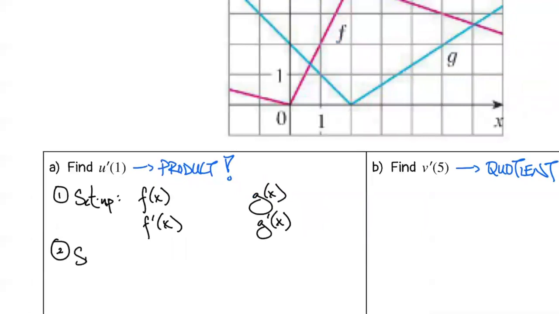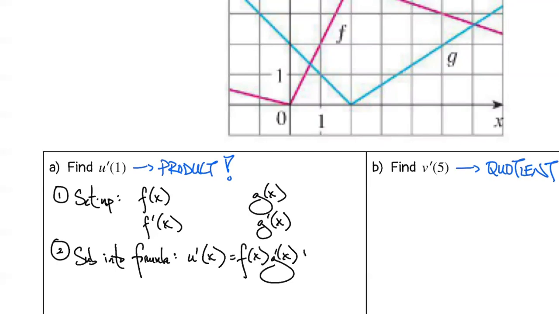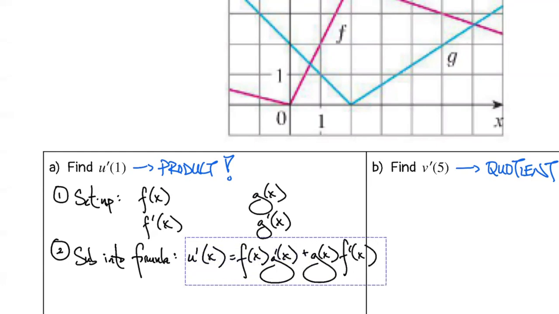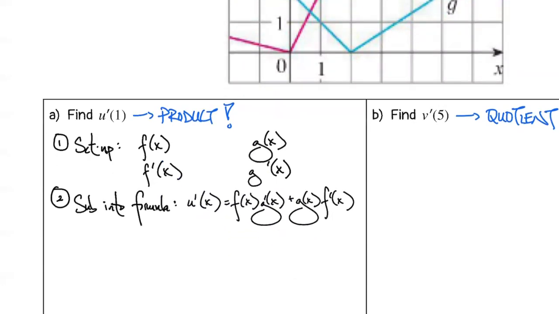So if we sub into the formula, we'll get u prime of x is f of x, g prime of x, plus g of x, f prime of x. Okay, so that's our general formula.